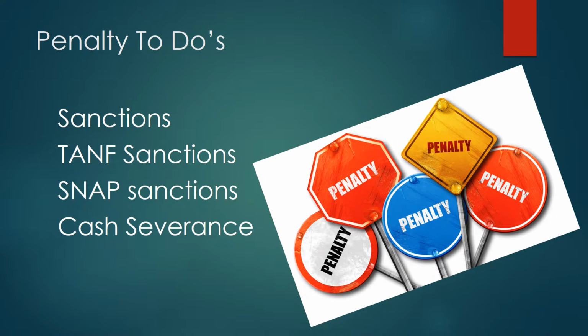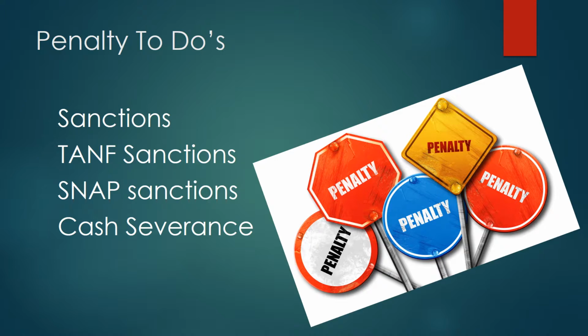If the penalty to-do alerts the staff member that the sanction has been lifted, the customer is now mandatory, then all efforts need to be made to engage the customer as quickly as possible through activity assignment, IRP, and assessment.